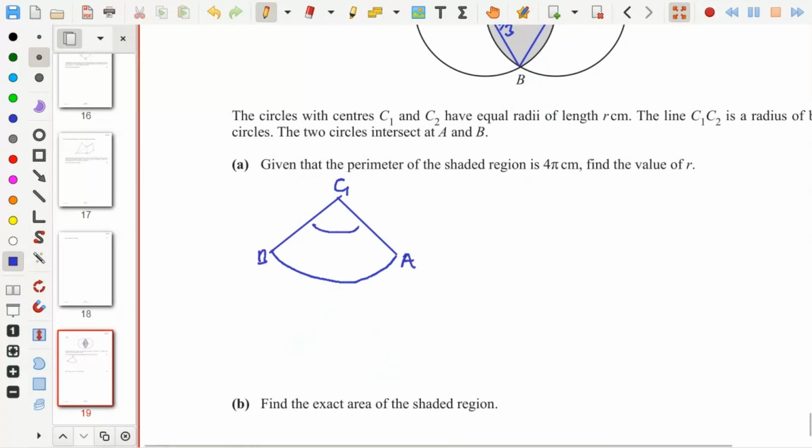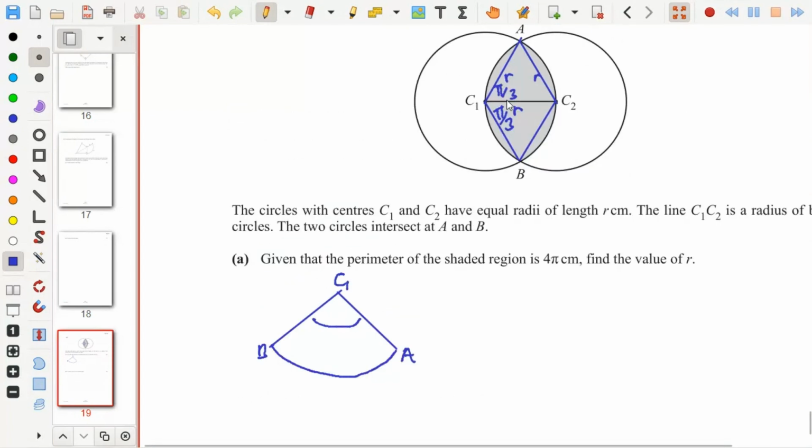So now the angle here is pi on 3 plus pi on 3, which is 2 pi on 3. The radius I don't know, so I call it R. In fact, they say it is R. So what I've done is that I've just taken a portion. I've just taken one of the sectors.